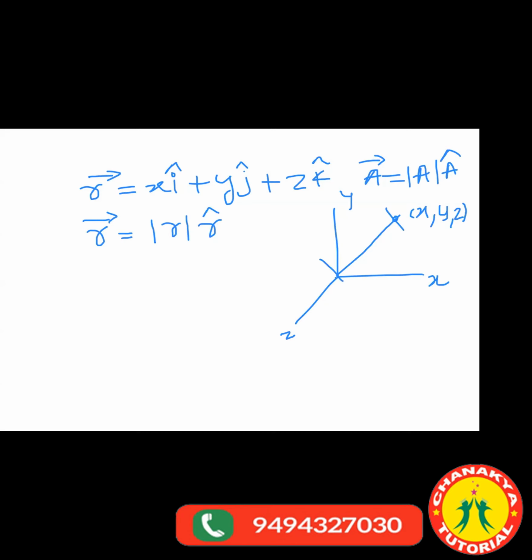The distance formula, please remember, this is again basic maths. Square root of x2 minus x1 square plus y2 minus y1 square plus z2 minus z1 square. From any 2 points, this is the distance. But we are measuring from where? Origin. 0, 0, and 0. So what will be the distance from here to here?